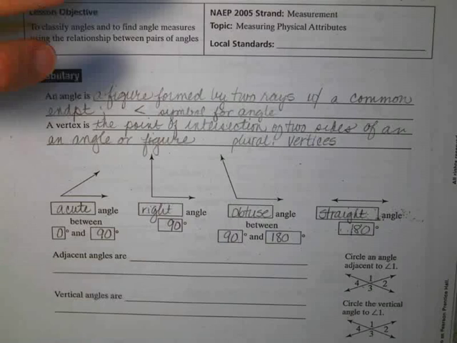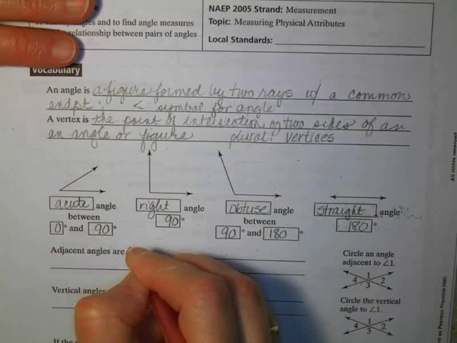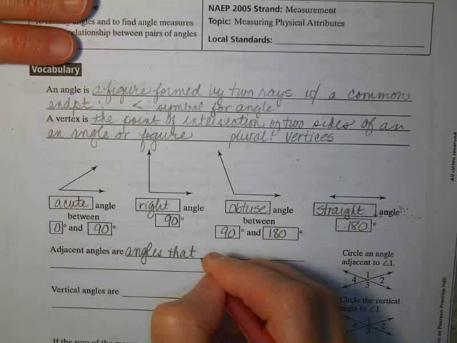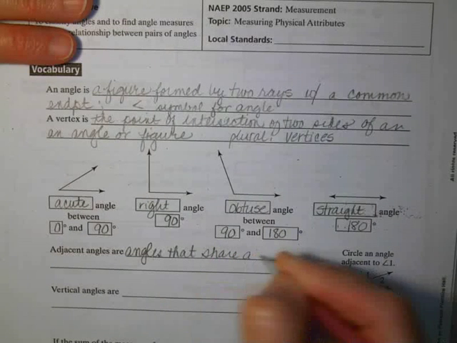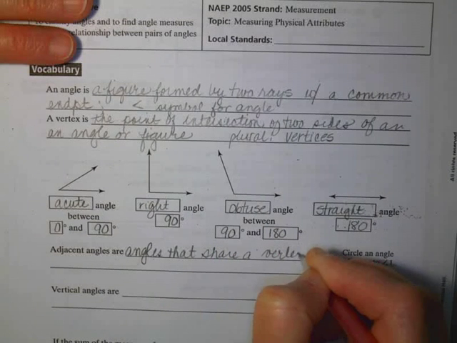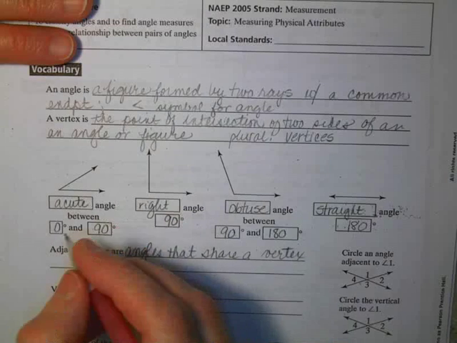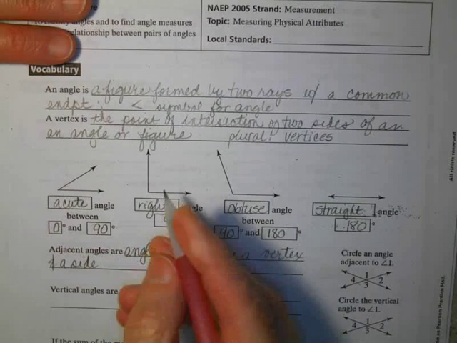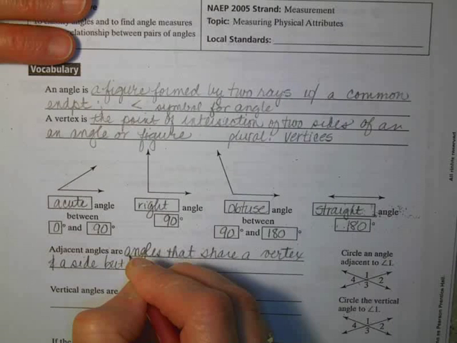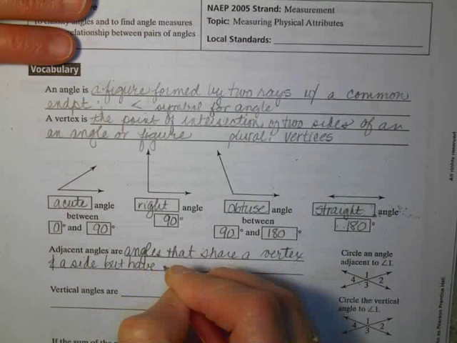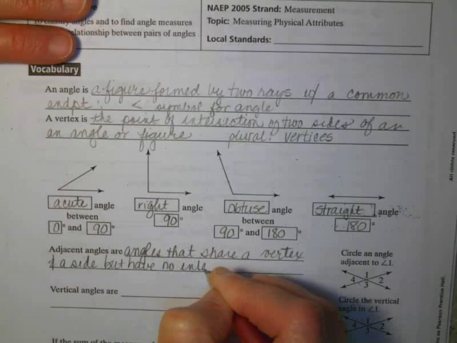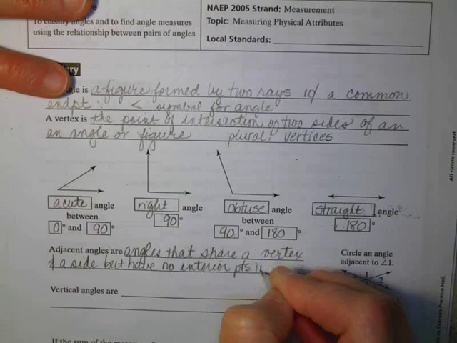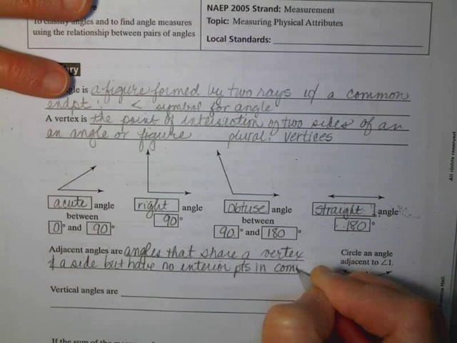Alrighty then. Adjacent angles are angles that share a vertex and a side but have no interior points in common.